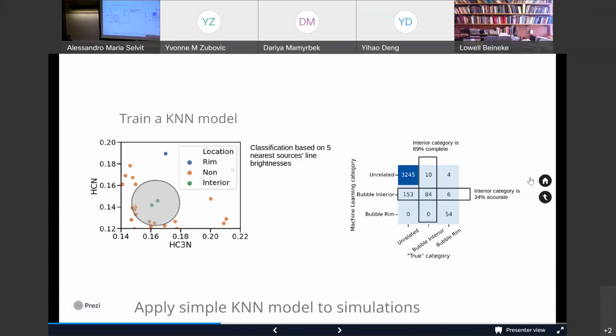What that means is that in the whole catalog, when we do this method, of the sources that truly are interior, we capture 89% of them in the predicted category of interior. And then, complementary, in the row here, our interior category is only 34% accurate.